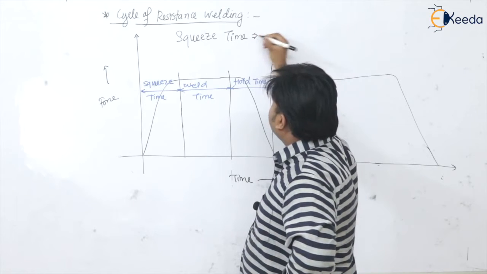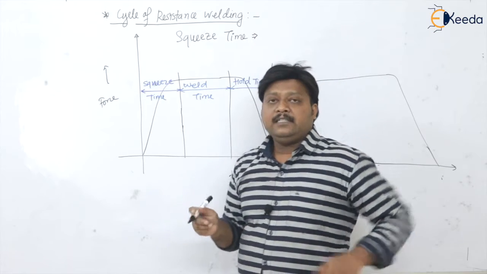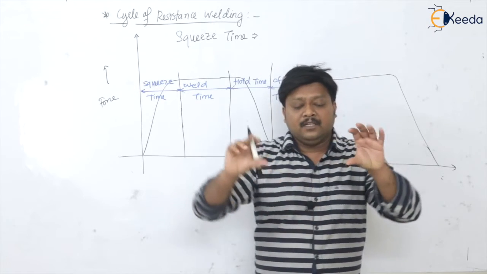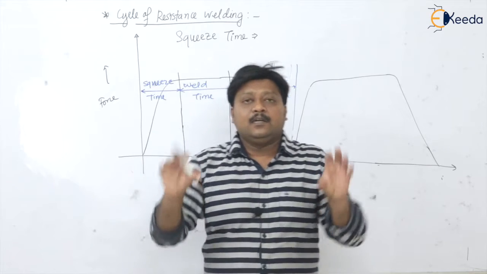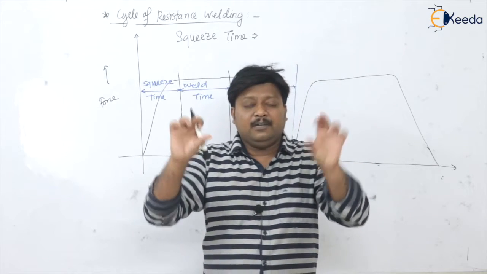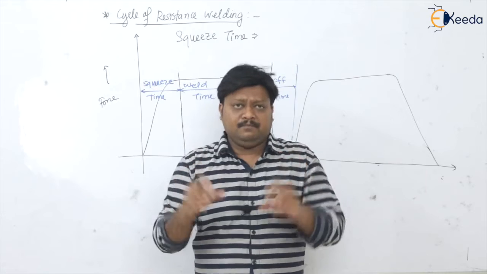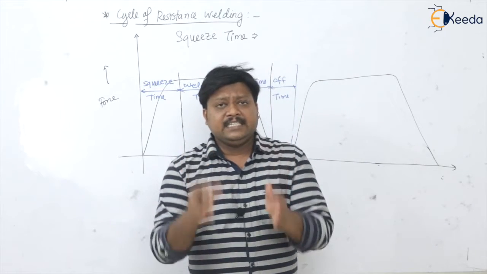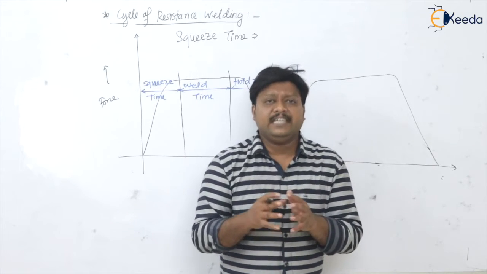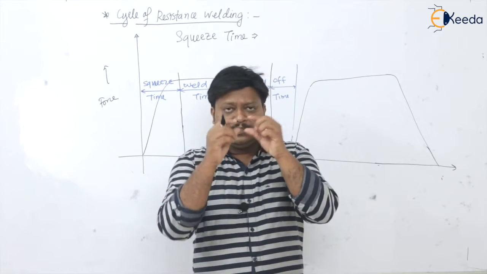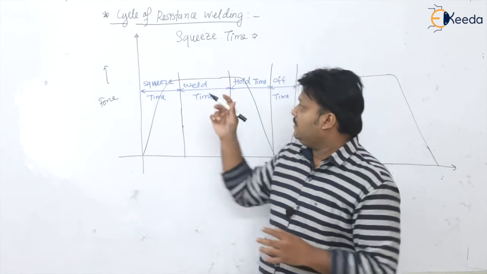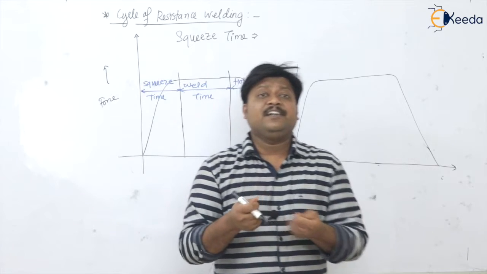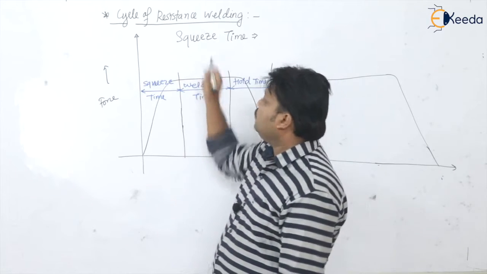This is the time in which the electrodes get aligned to each other and the workpieces are put together into the required position. Or we can also say it is the time during which the air present between the electrodes and the workpiece surface is squeezed out or driven out. That is known as squeeze time.